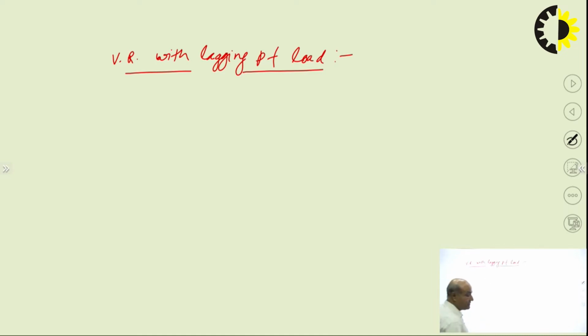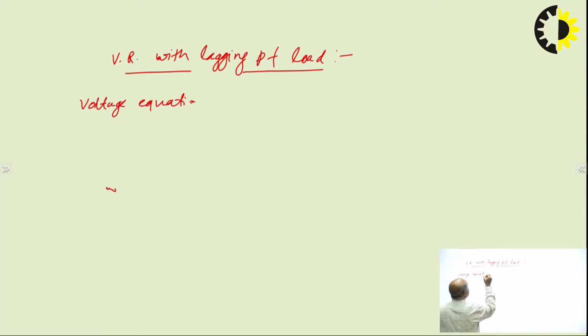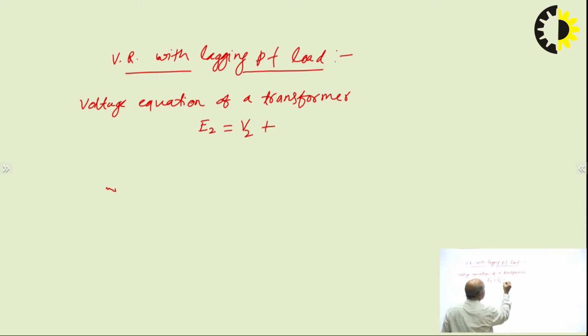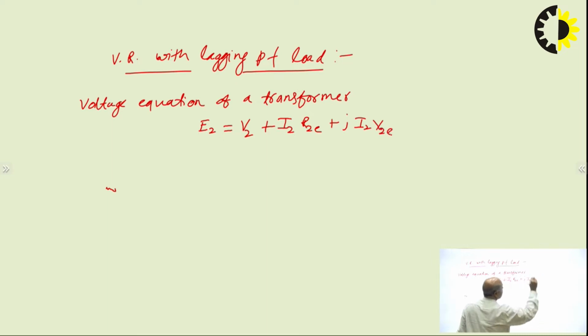Before drawing the phasor diagram, we know the voltage equation of a transformer from the equivalent circuit. From the equivalent circuit we have derived this equation, that is E2 will be equal to V2 plus I2 R2E plus j I2 X2E. So this voltage equation we have derived from our equivalent circuit.